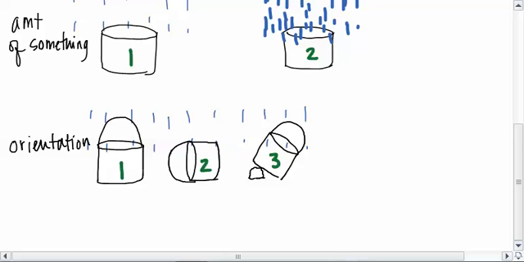So if we let the opening area be the plane, and we look at a line that is normal to that plane, that means perpendicular.